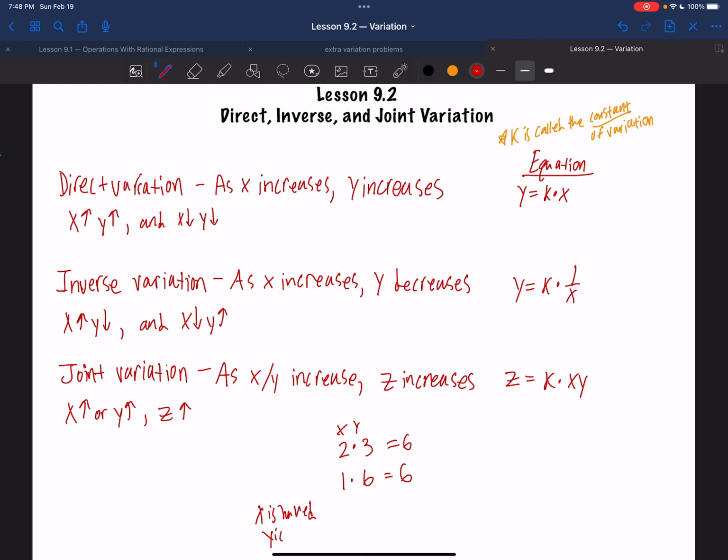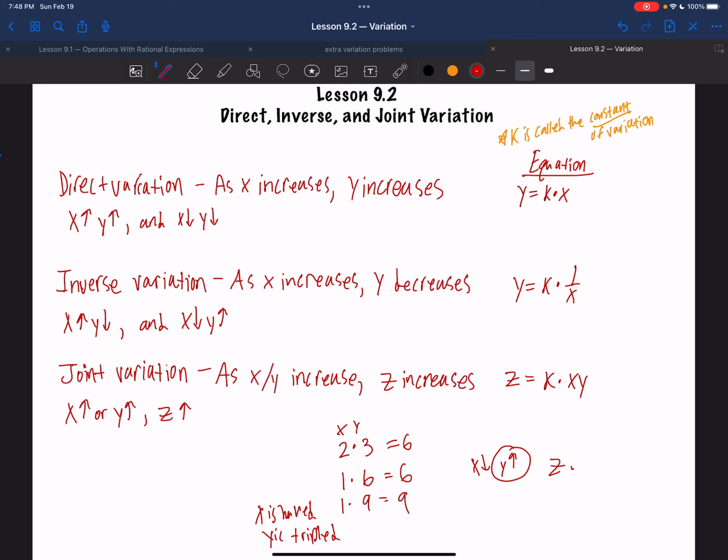However, let's say I tripled y. If x is halved and y is tripled, then it'd be 1 times 9, and that's more. So yeah, x went down, but y went up more than x went down. So that's what has more impact on what's happening here.